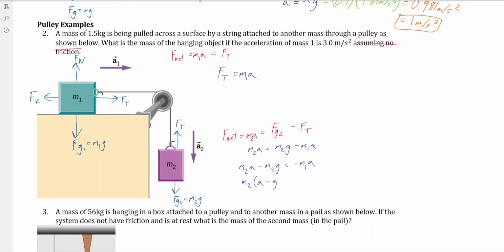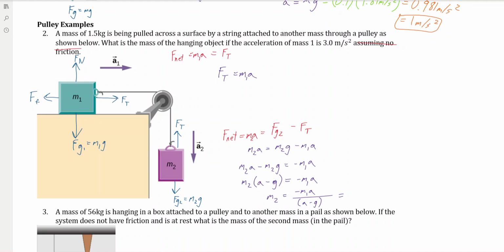This is a really interesting thing here. We can do this because of GCF from Math 10. So factored out the m2, and now I need to divide by a minus g. So m2 equals negative m1a over a minus g. Okay, so that's what that looks like.